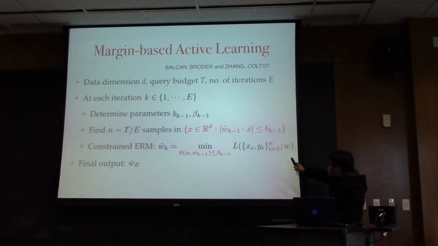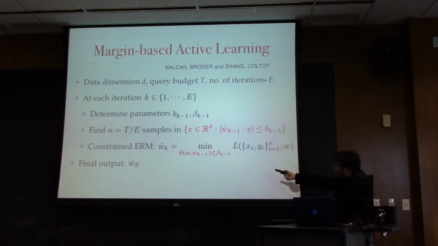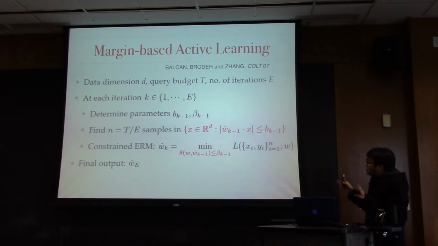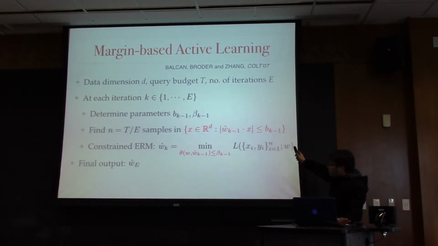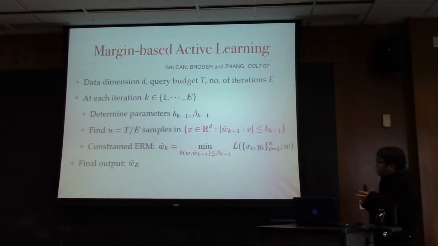But this time, instead of considering all the possible linear classifiers, I constrain that my learned classifier must also be close to the classifier I learned from the last iteration. So I'm simultaneously shrinking the data points that I'm interested in, and also shrinking the search space so that my linear classifier is constrained in this small ball.